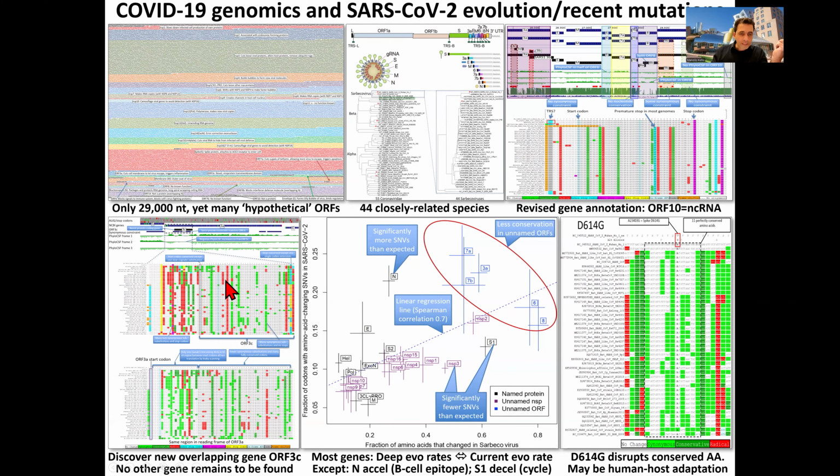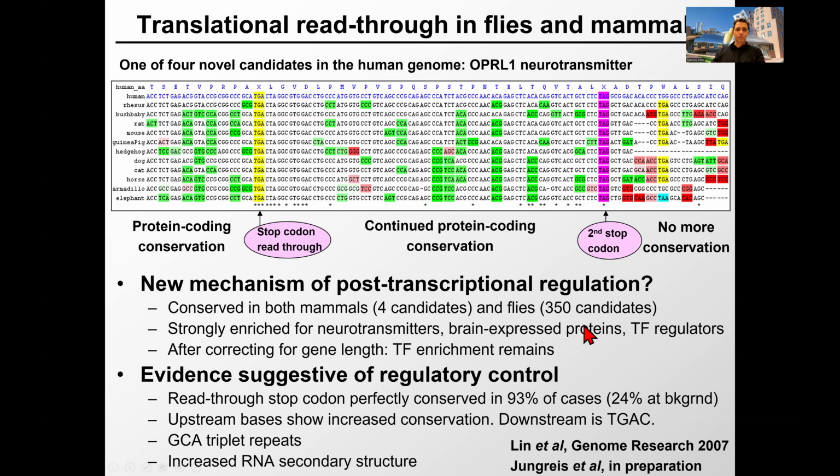Conversely, we found that this signature of protein coding constraint is there for two overlapping reading frames in the ORF3C and ORF3A region. And therefore, on top of one of the genes, we found another gene that is encoded in a different reading frame that is also a functional protein coding gene, and so on and so forth.